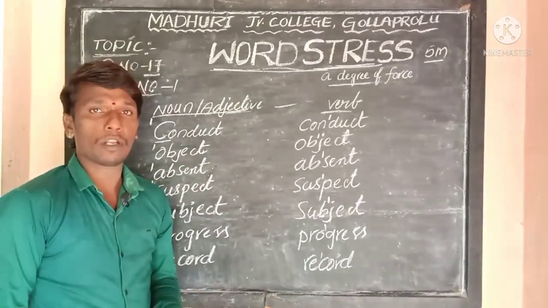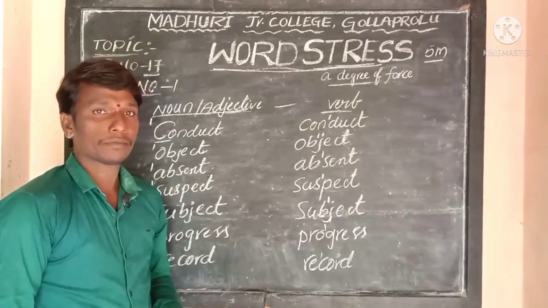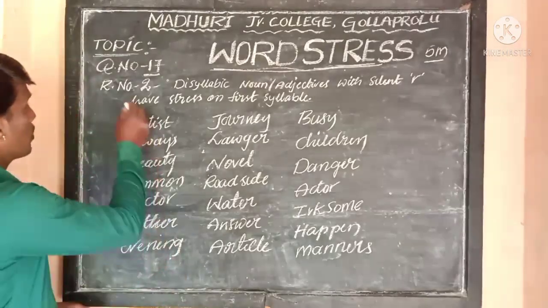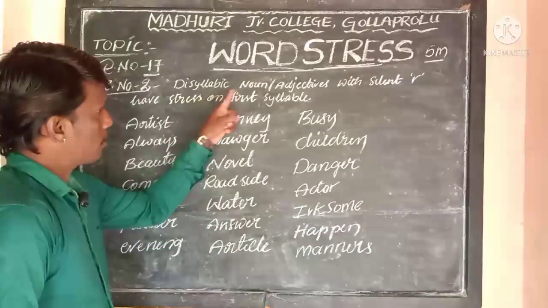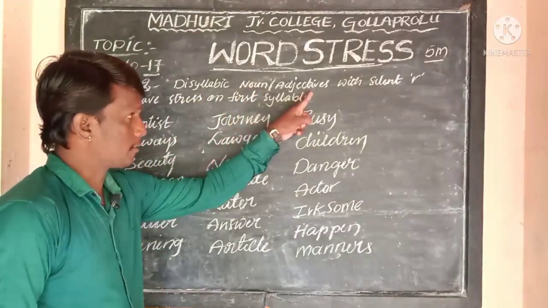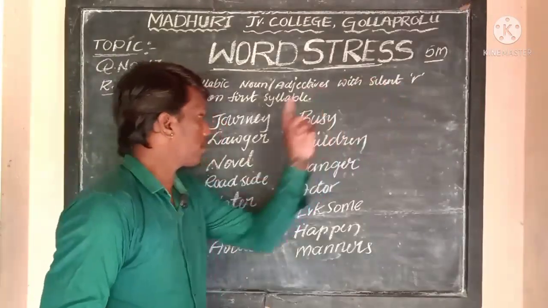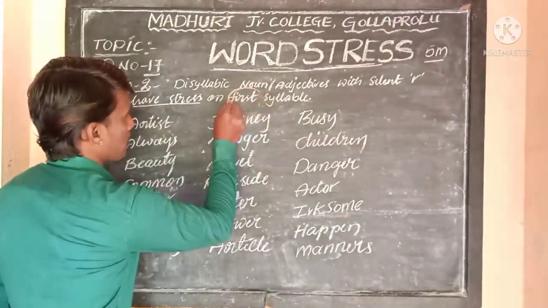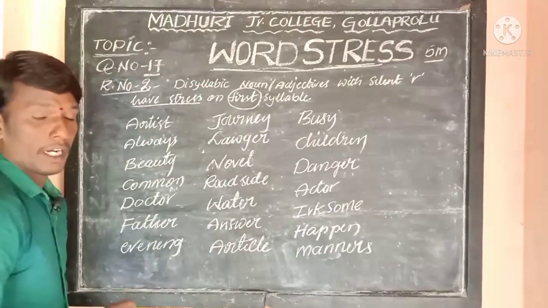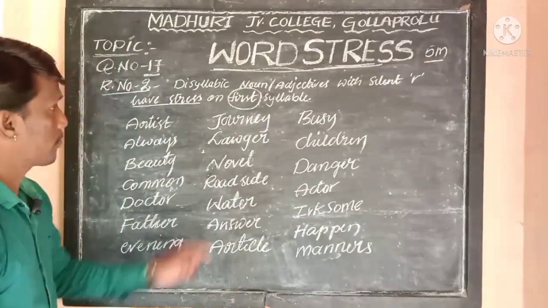Now let's go for rule number 2. Rule number 2 is: disyllabic nouns or adjectives with silent letter R have stress on the first syllable. I once again repeat this point.